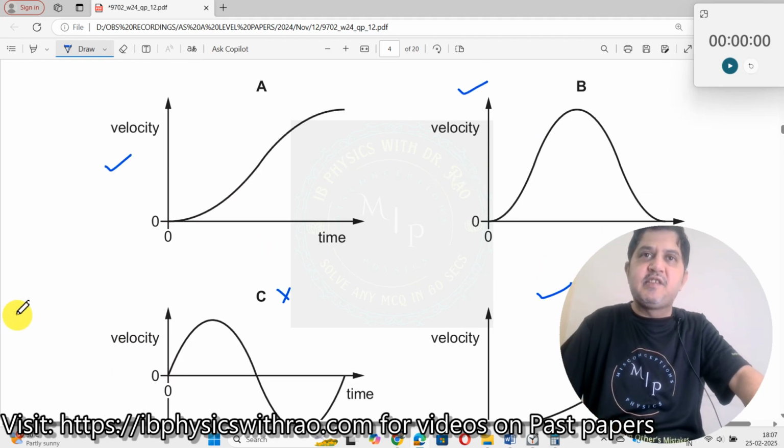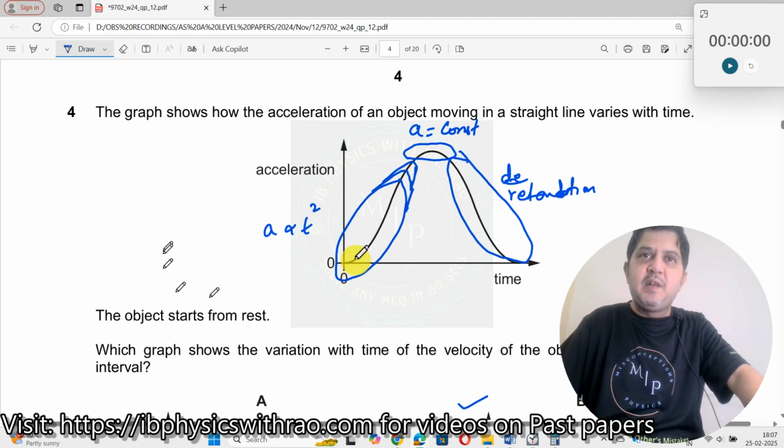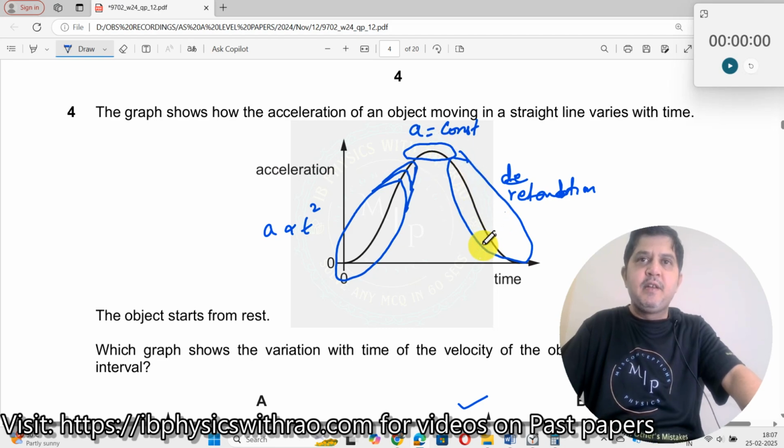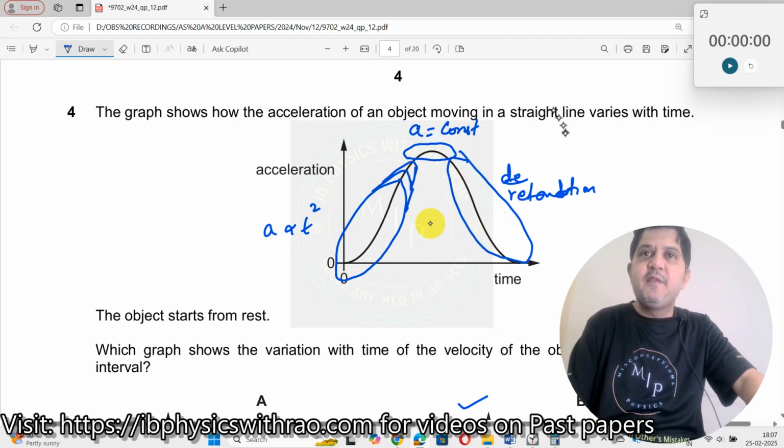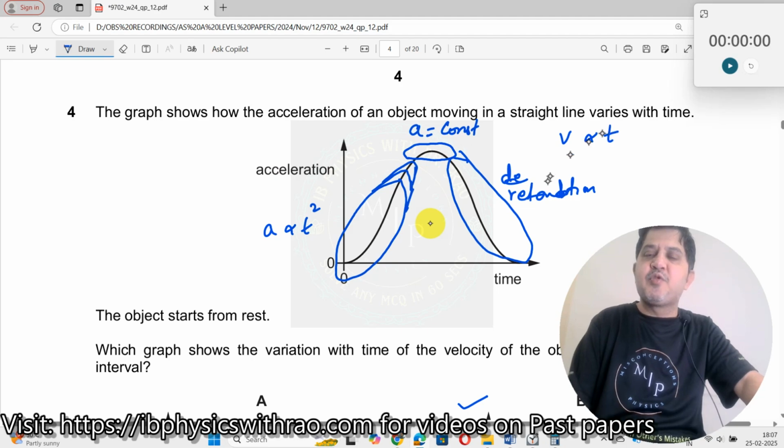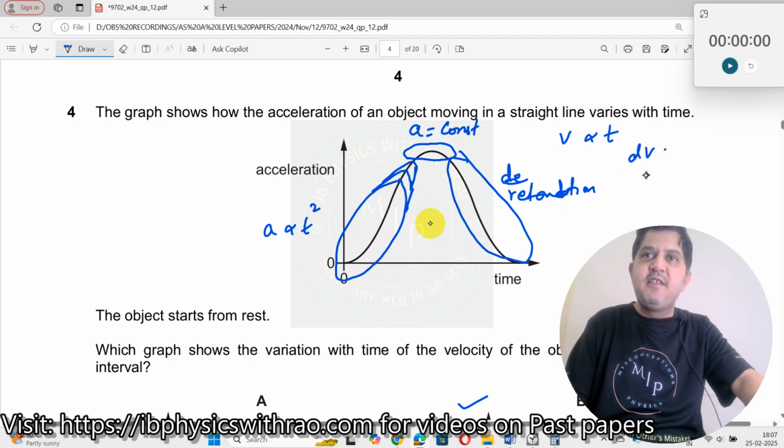Now let us look at the rest of the options here. You see the first part has already been modeled. Second part, you see acceleration is equal to constant. When acceleration is constant, what can happen? You can see velocity would be directly proportional to time, right? The reason is dv by dt is equal to constant.